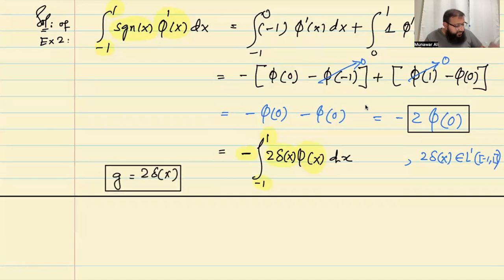Since this is not in L1, we cannot say that there exists a weak derivative of this function. But the derivative of this function exists in the distribution sense. When we discuss distributions, we'll discuss distributional derivatives and all these things.